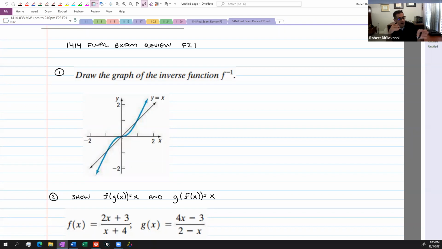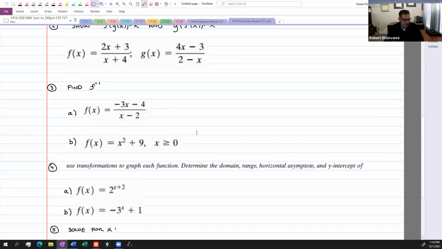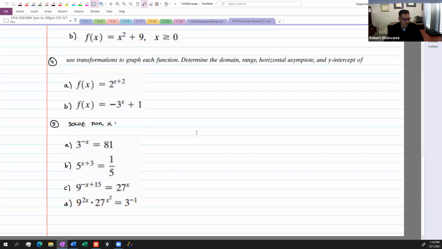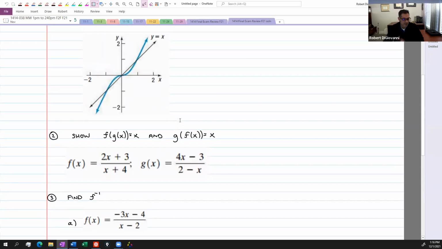I started from the last test, went through the homework assignments and lectures, and picked some problems that weren't necessarily homework problems. They were like the even problems, and I asked you to do the odd ones. That's why there's a bunch of copy paste here. This is all stuff you've seen, at least in the homework assignments.